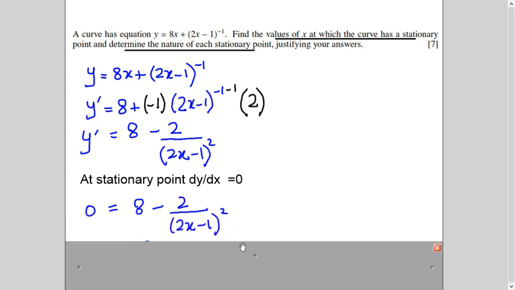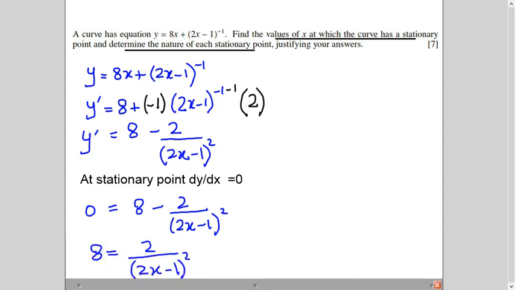That value of x, when you plug in back here, will give the value of y, which is not the requirement of this question, because the question is saying find the values of x at which the curve has a stationary point. So that's why I will put it 0 here and solve it to get the values of x.